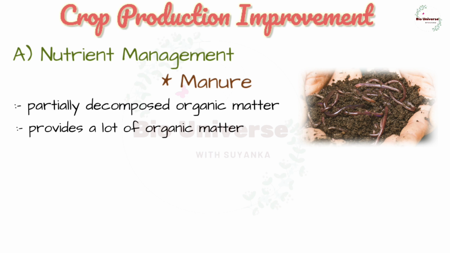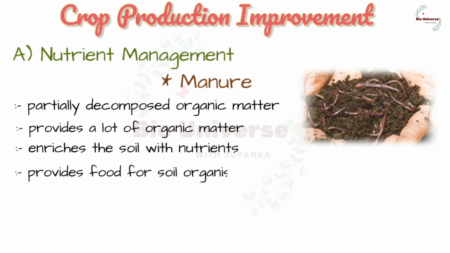Manure provides a lot of organic matter to the soil which increases water retention capacity in sandy soils. Manure enriches the soil with nutrients. It provides food for soil organisms. By using biological waste materials as a manure, we recycle the waste and protect our environment from chemicals.